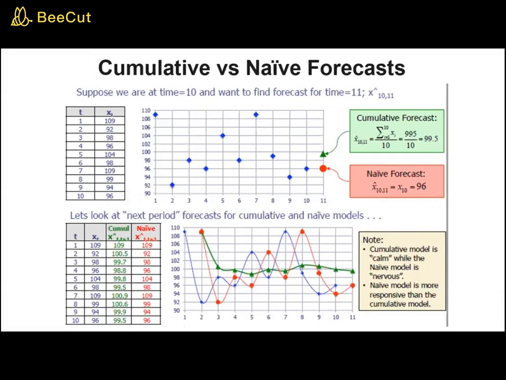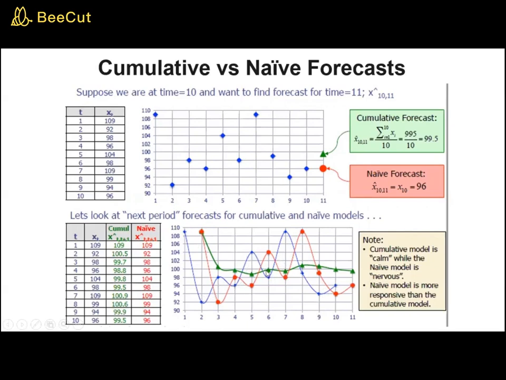Okay, so let's have a look at this slide. I want to show you what naive and cumulative forecasting looks like when put on a graph, so visually you will get a good idea. You can see in this graph, the blue line is the actual demand. It's going up and down, up and down. Blue is what's actually going on.